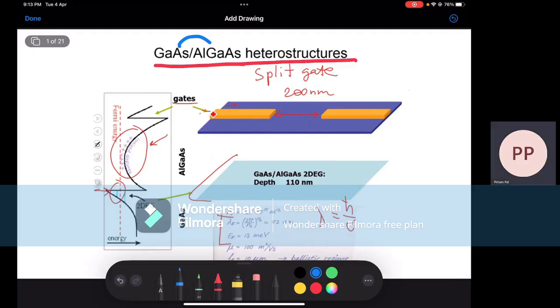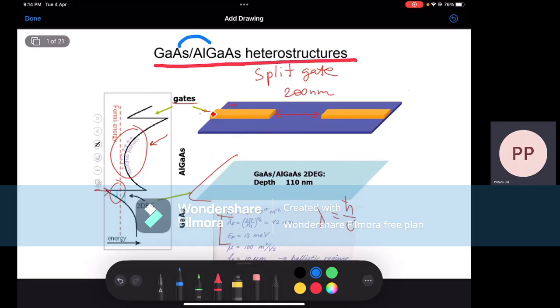You can grow it on a gallium arsenide substrate, and in reality you grow quite a few different layers to accommodate strain and make a really high quality interface. But just think about it as a substrate of gallium arsenide, then you grow this aluminum gallium arsenide on top of it. Here is a top to bottom view of the band diagram.